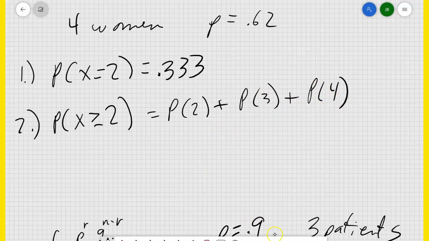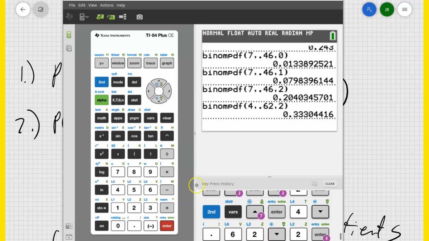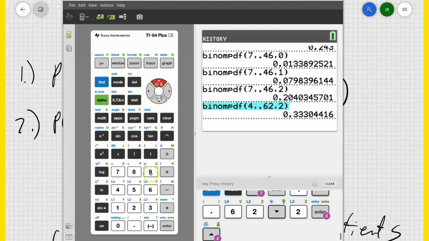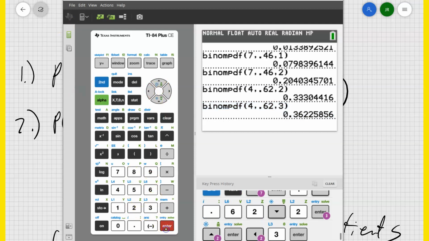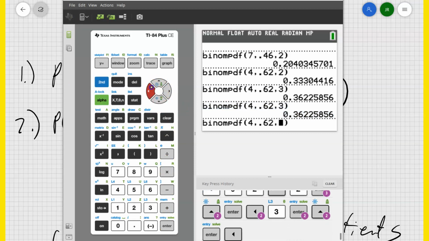So I can go up here to my calculator and put that in. I've already got the 2 in there. Let me make the 2 be a 3. And do the same thing again and make the 3 be a 4.